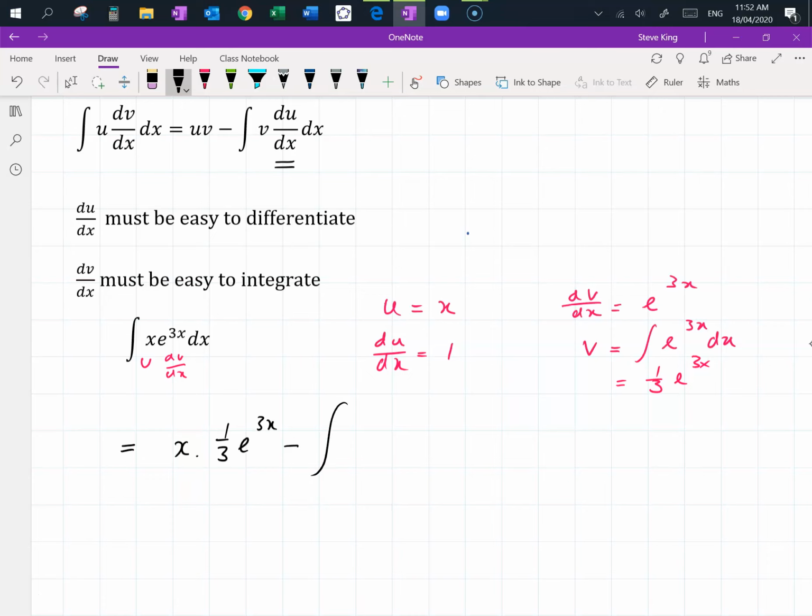Then from that, we take the integral of 1/3 e to the 3x and multiply that by du dx, which is simply going to be 1 dx.